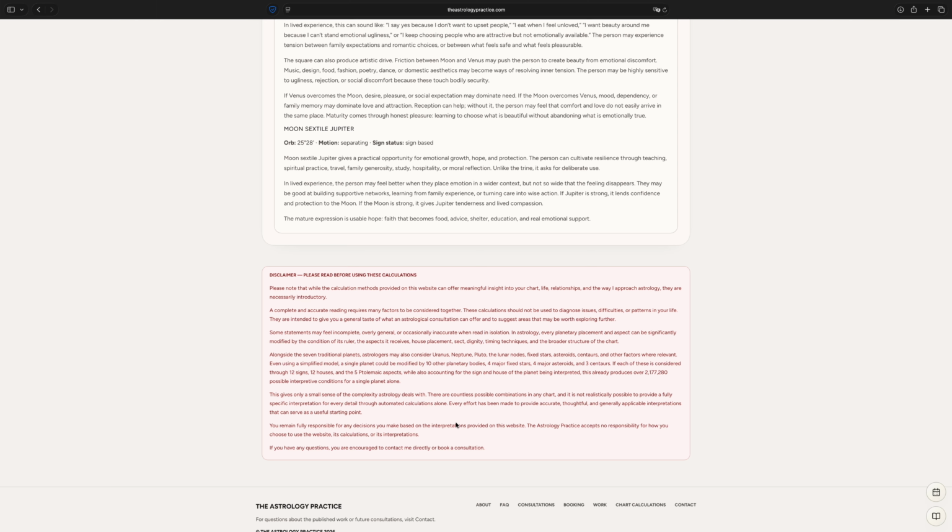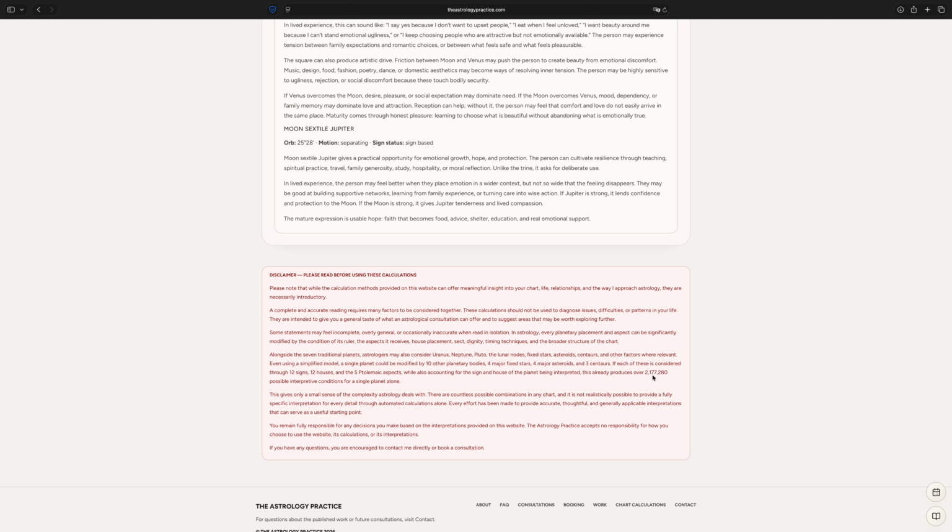If you look at one planet and all the possible scenarios it can be in a chart, through all the signs, through all the houses, being in aspect with all other planets and all other bodies and other points that we look at in astrology, I think that produces, I wrote here, over 2 million possible conditions.